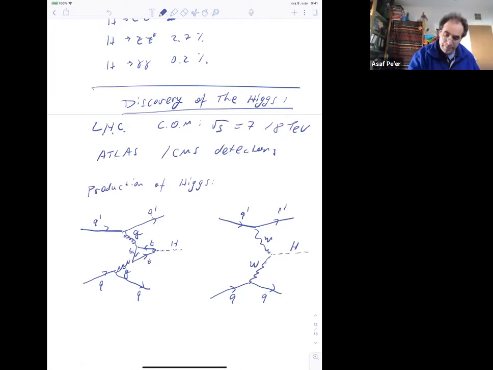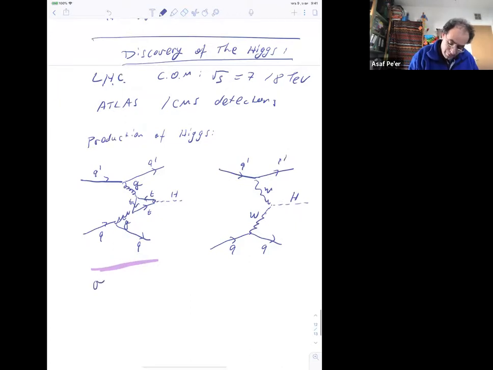But this is the leading one, right? These are the 2 most important ways of producing the Higgs in CERN, via PP collision. The cross section for the gluon-gluon is something like 20 picobarn. So sigma here is of the order of 20 picobarn.